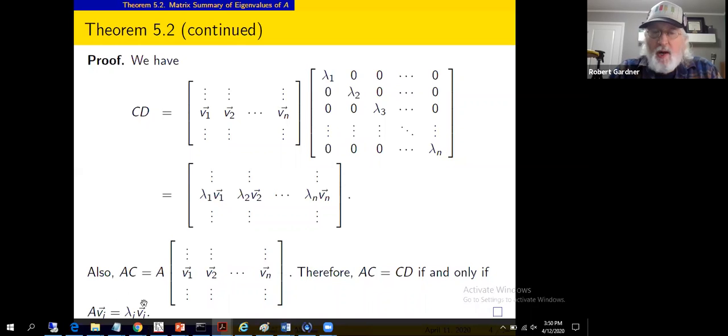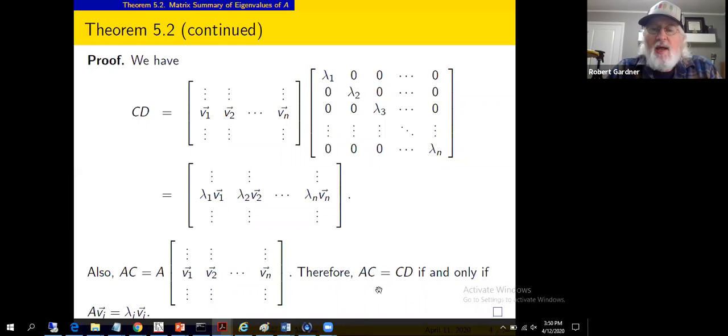Remember, the vectors v were non-zero vectors. That was in the hypotheses. So these vectors v are eigenvectors with corresponding eigenvalues lambda sub j, and we get the relationship to hold with the equality if and only if the columns are the same. And being the same in terms of columns is this eigenvalue eigenvector relationship.